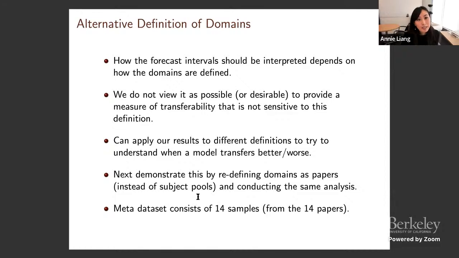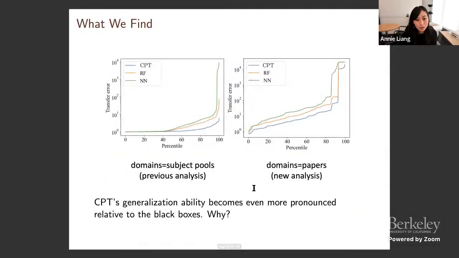In this case, our metadata is now going to consist of 14 samples instead of the original 44, where each sample comes from one of the 14 papers that we used. And we can conduct exactly the same analysis. All right, and this is what we find. So this on the left-hand side is the figure we were looking at a moment ago.